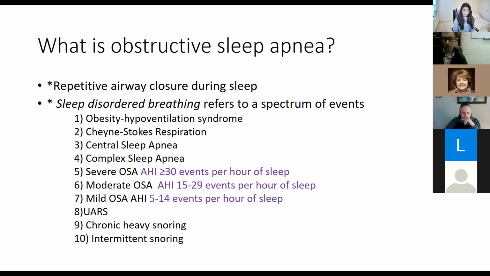In the moderate and certainly the severe range, you really start seeing the health consequences. In the mild range, we typically wouldn't treat someone aggressively unless they're very symptomatic. As I'll show you, there's a very good correlation between apnea severity and health outcomes, but not a very good correlation between apnea severity and symptoms, which is interesting.